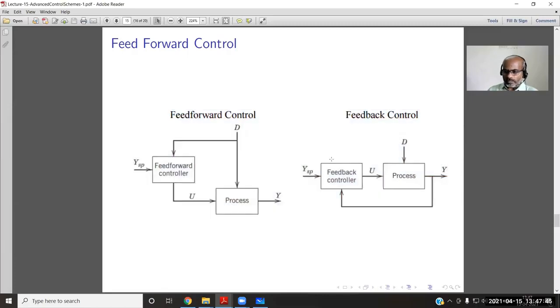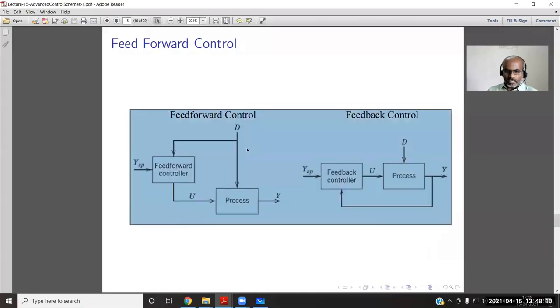But here, for the disturbance to affect the process, and accordingly for you to take the corrective action, there will actually be a delay, because the disturbance enters and takes its own time to affect the process, and only after it affects the process will you take the corrective action.